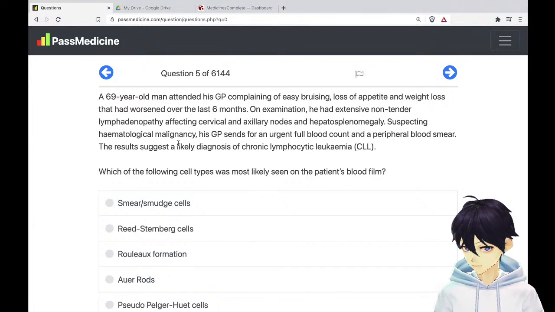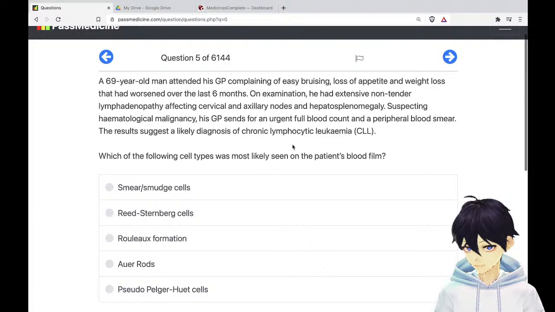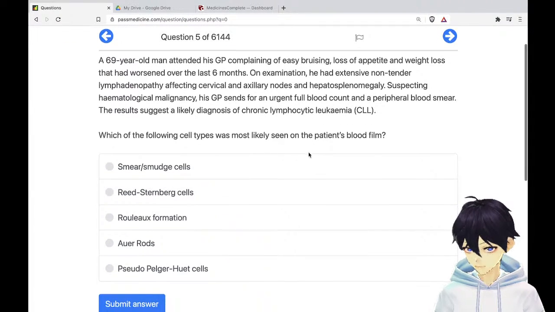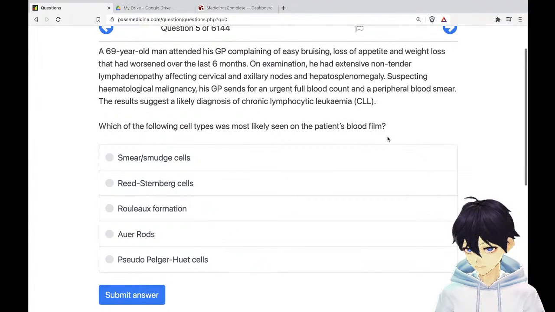Suspecting hematological malignancy, his GP sends for an urgent full blood count and peripheral blood smear. The results suggest a likely diagnosis of chronic lymphocytic leukemia. Which of the following cell types was most likely seen on the patient's blood film?